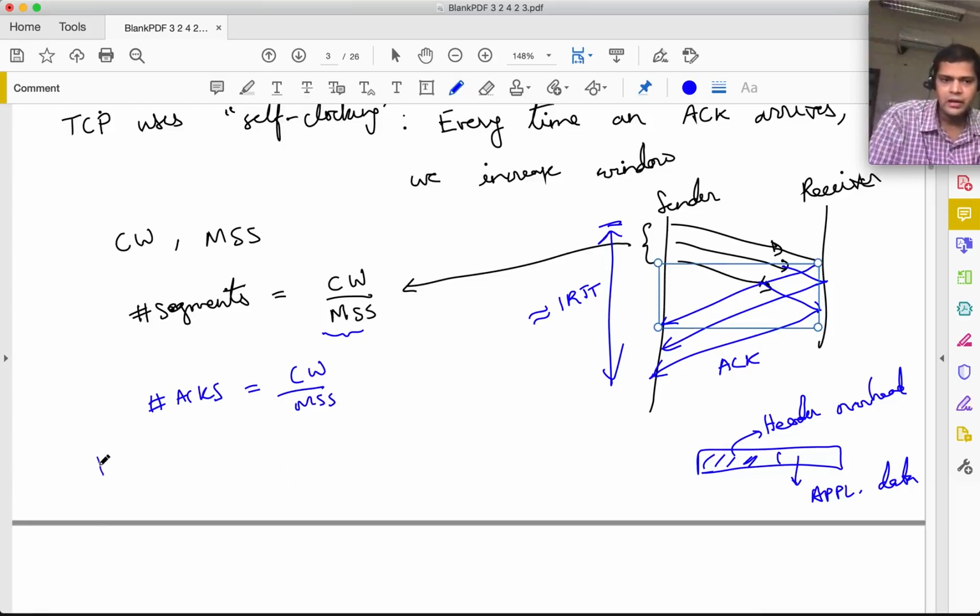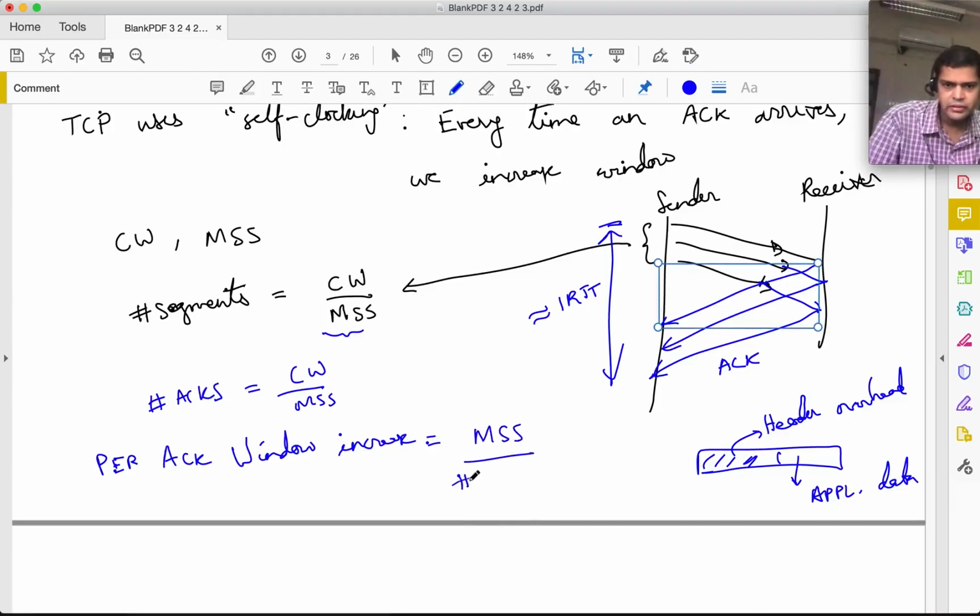So per ACK, how much do I want to increase the window size? I want to increase by MSS divided by the number of ACKs which are outstanding.